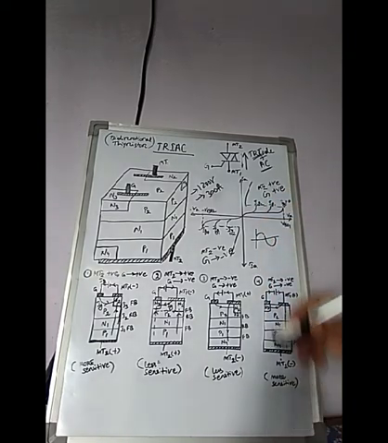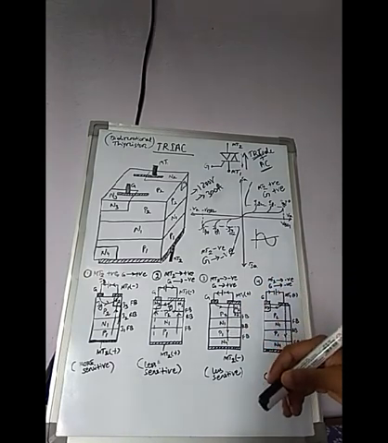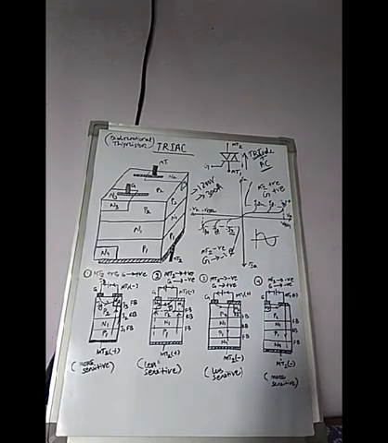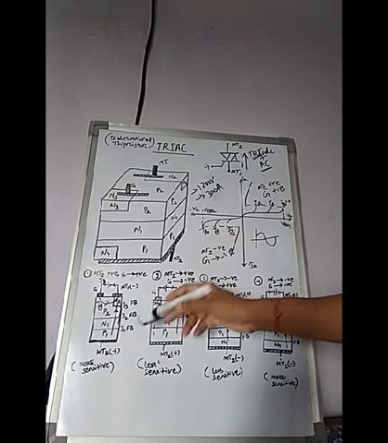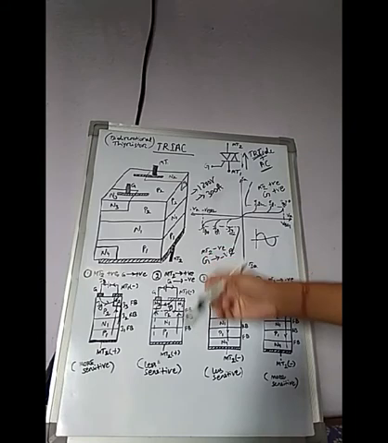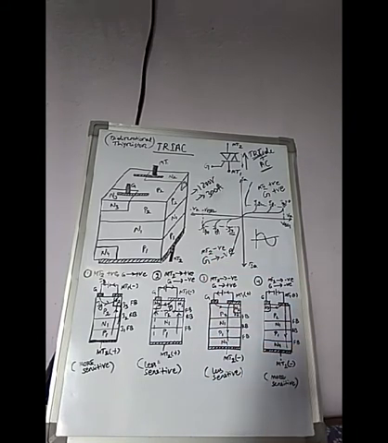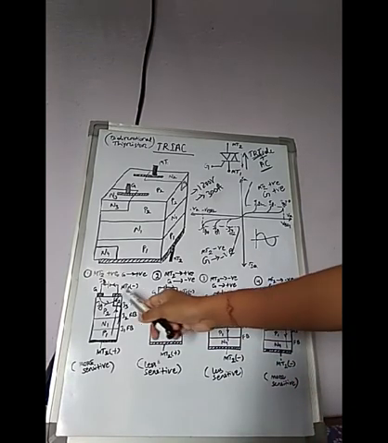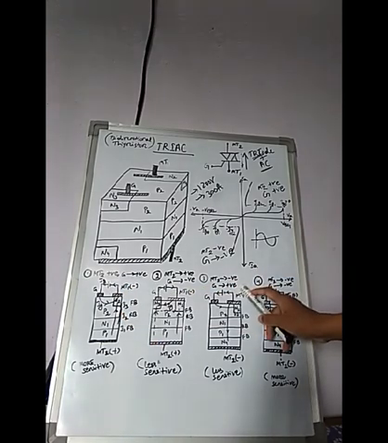See, for a given value of positive gate current, a triac may turn on with MT2 positive in the first quadrant, but may fail to turn on with MT2 negative. Okay, so for a given value of positive gate current, here also gate current is positive, and here also gate current is positive.